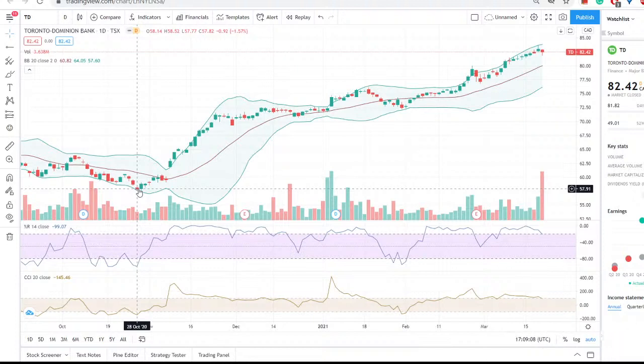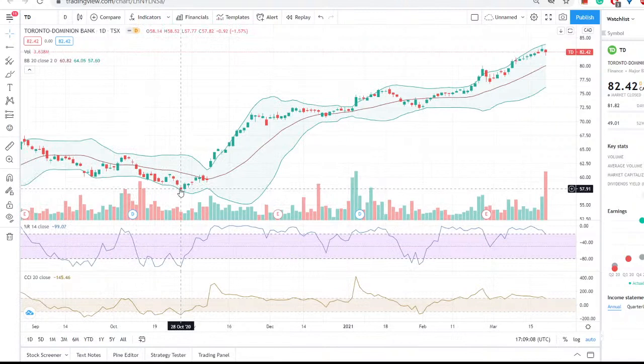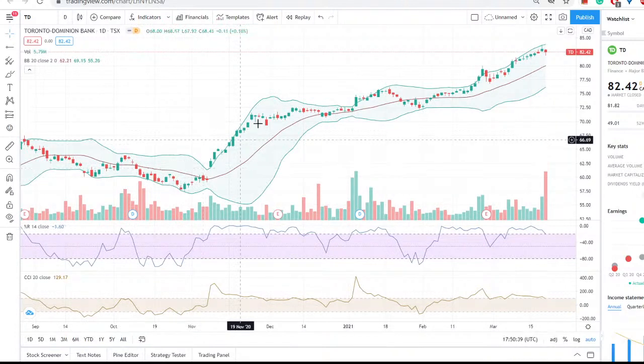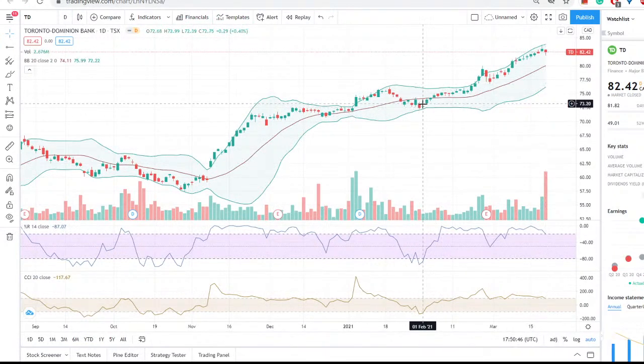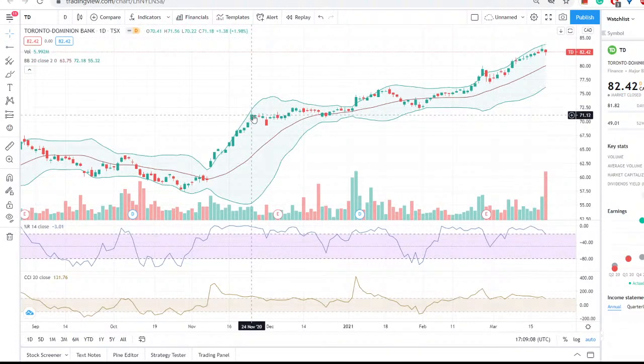TD and CM both were discussed on the platform before entering, much before entering. Yes, I remember. But today, if you look at it, I exited at 71 and today it's at 82. So you might have exited around this time. 71.50 was my actual exit price.